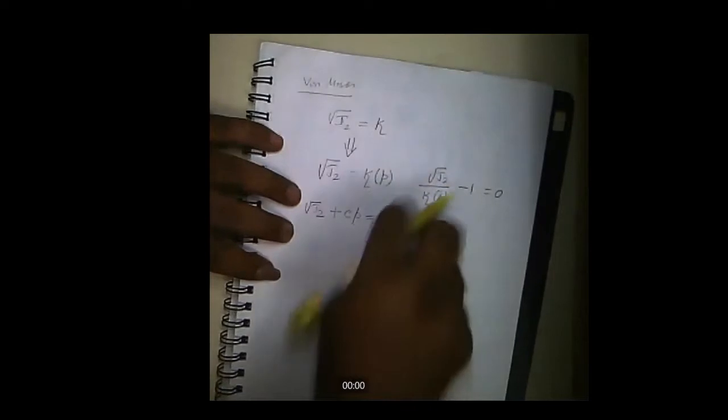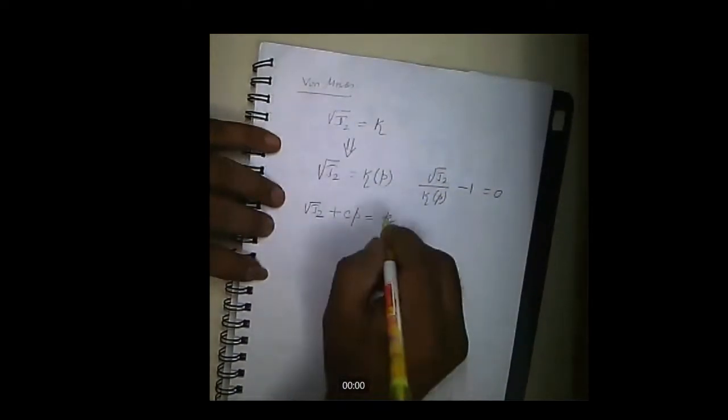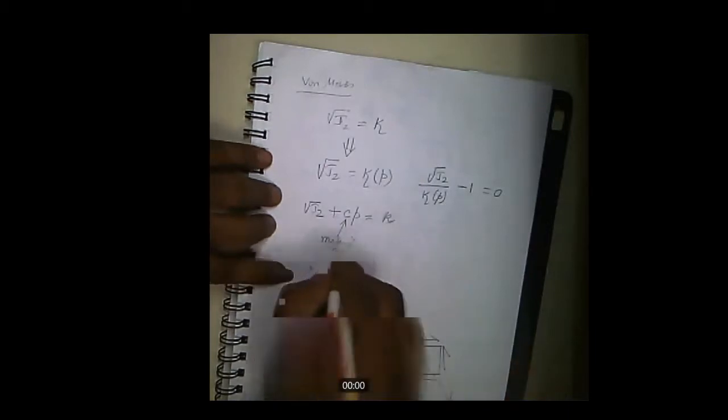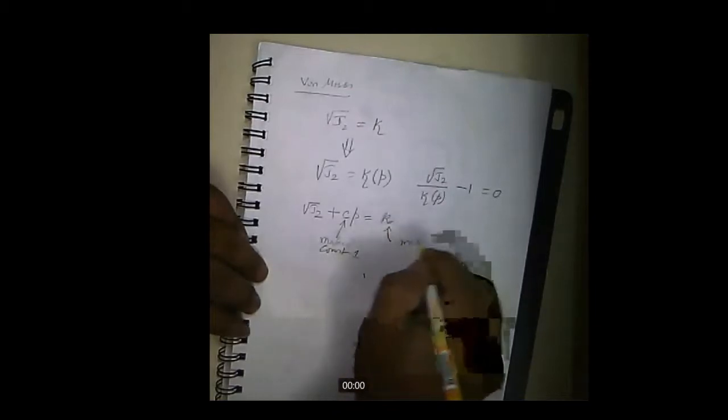Now, the simplest one would be root of J2 plus C times pressure is equal to a constant. Mind you, if you notice, there is one constant here, material constant 1, and material constant 2.